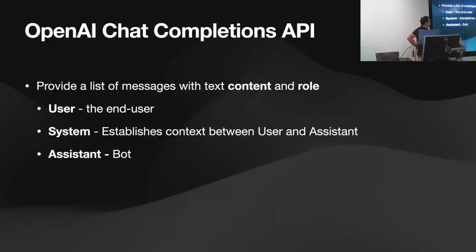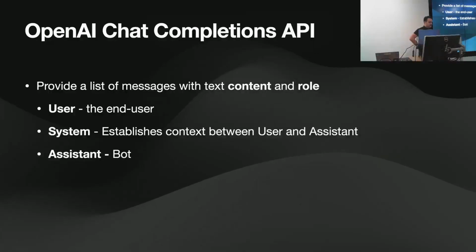To interact with the API, you first of all need to provide a list of messages with the text content and role associated with them. For a new conversation, that will just include, say, the initial prompt from the user. It'll be one message.